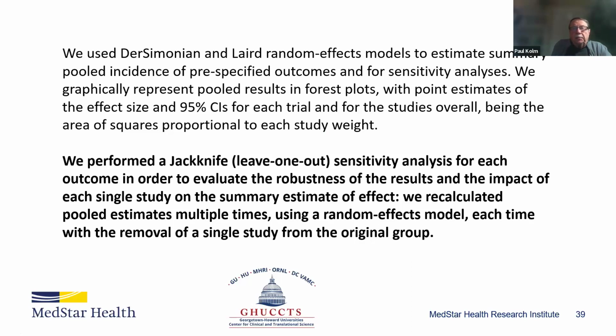And so what they're doing is, of all the studies they have, they're taking out one, recomputing the effect size or whatever the outcome of interest was, and putting that one back in, and then taking out the next one and computing the statistic of interest again.